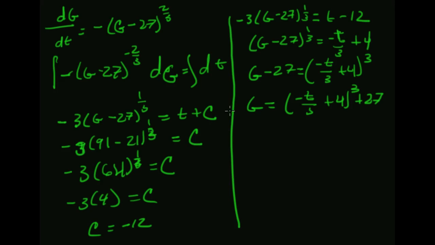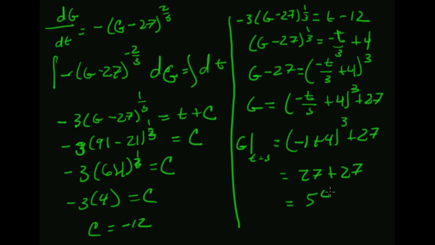All right, so there's your G function. I want G at time 3, so this is going to give me negative 1 plus 4 cubed plus 27. That's 3 cubed plus 27, which is 54 degrees Celsius using this different model. All right, so that's problem 3.